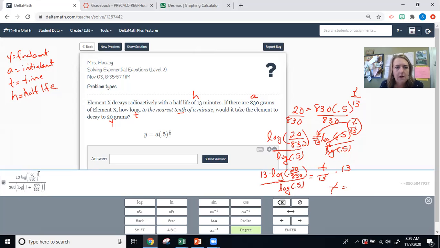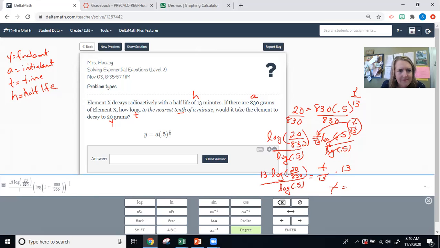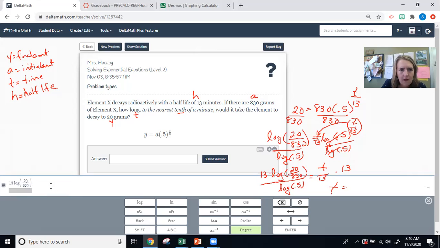So 13 times log of 20 divided by 830. I think those numbers are correct. And then in the bottom, I'm not multiplying this by anything. Oops, I still want to divide that. And we want to go down here and we want to put the log of, nope, I don't have a fraction. It's just 0.5. So let's go back and check. 13 times log of 20 over 830 divided by log of 0.5.